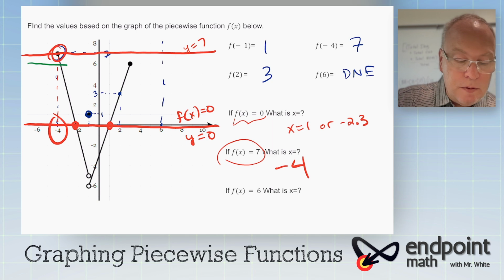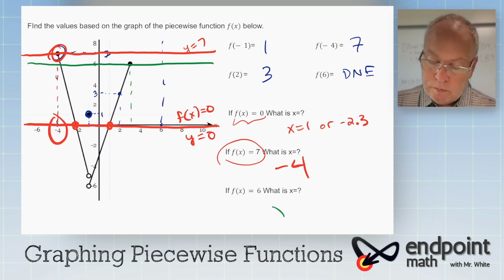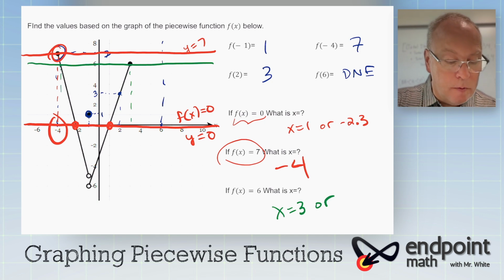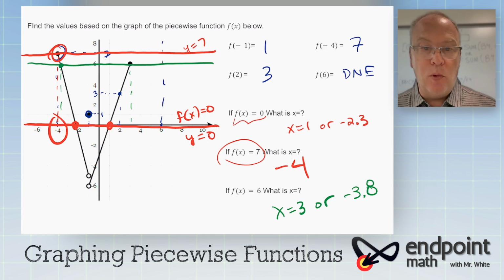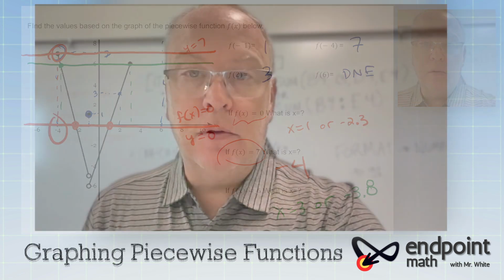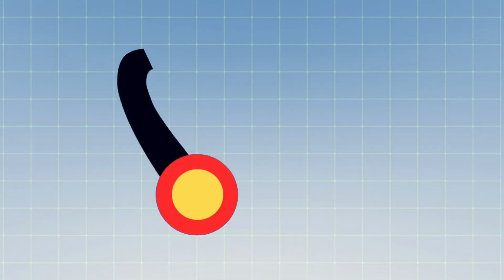It looks like it hits twice, folks. That would be at 3, or also over here, that's about negative 3.8.